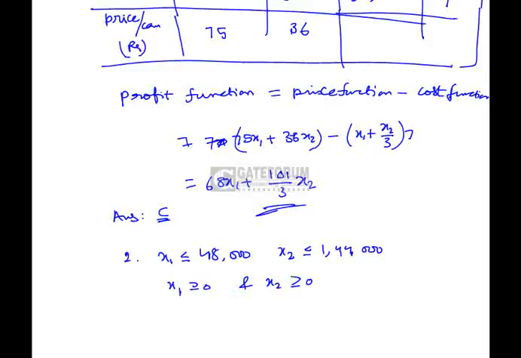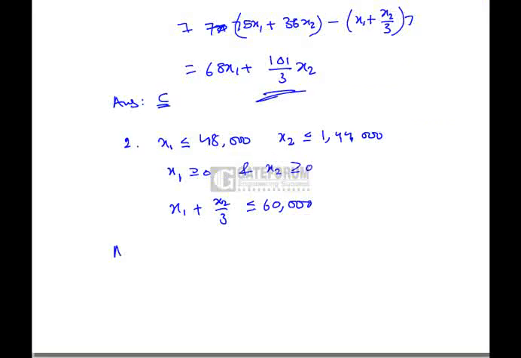Another constraint is x1 plus x2 by 3 less than or equal to 60,000, the available quantity of tomatoes. In the options, D is the right answer.